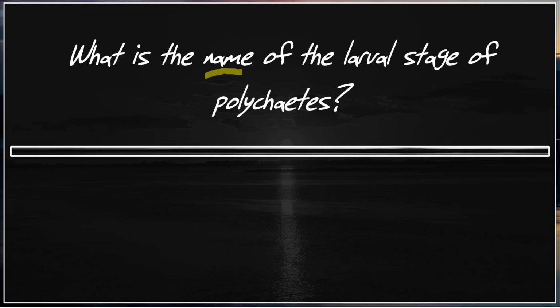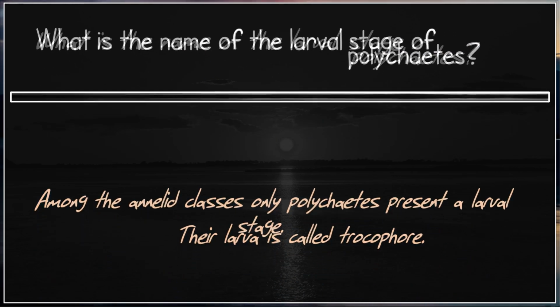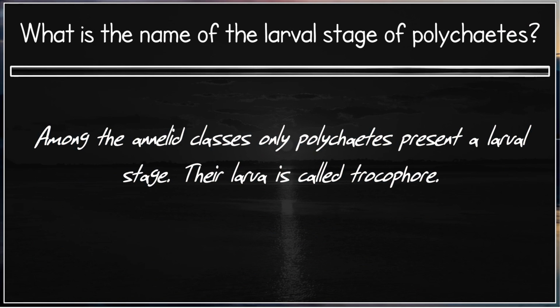What is the name of the larval stage of polychaetes? Among the annelid classes, only polychaetes present a larval stage. This larva is called trochophore.